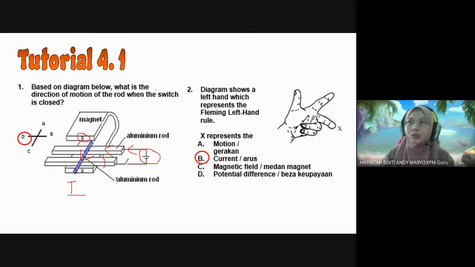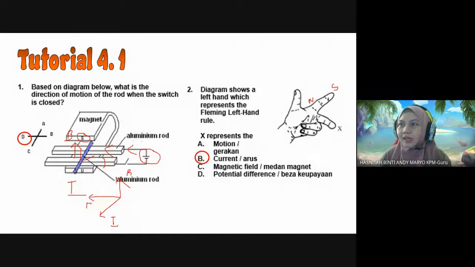Remember, our index finger points from north to south, always pointing to the south. So your index finger should point upward. So this is B, and this is current. So where is our force? Force is here, F, which is to D. All these are 90 degrees by using Fleming's left hand. Did you get it now, Wei Xiang, number 1? So the answer is D. It moved to the left.